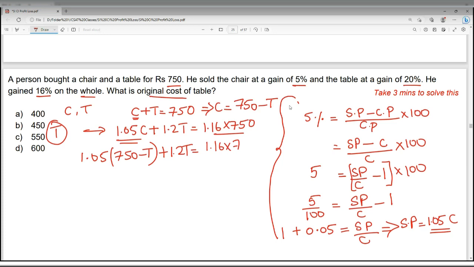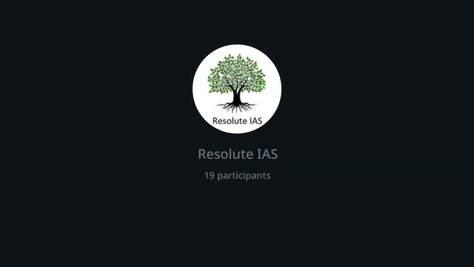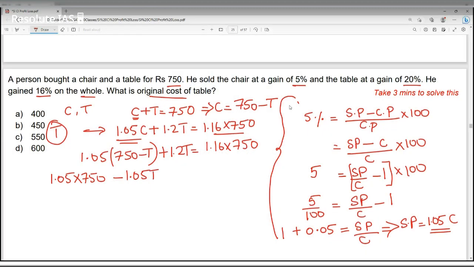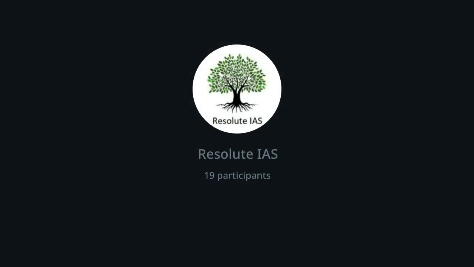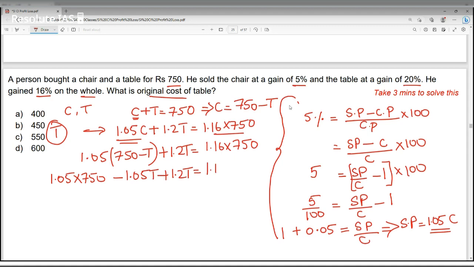At this stage I will not multiply these values. I'll just keep it and solve it at a later stage. This is 1.05 into 750 minus 1.05T plus 1.2T is equal to 1.16 into 750.